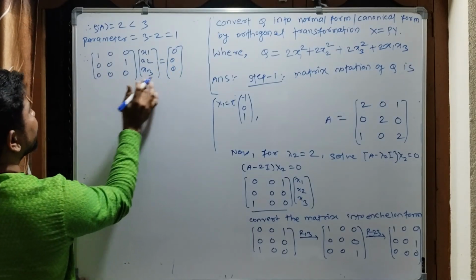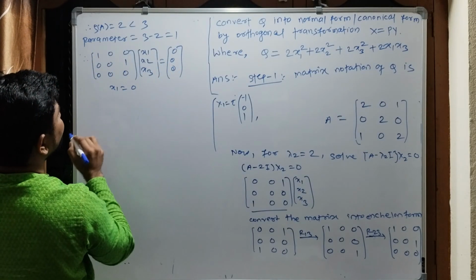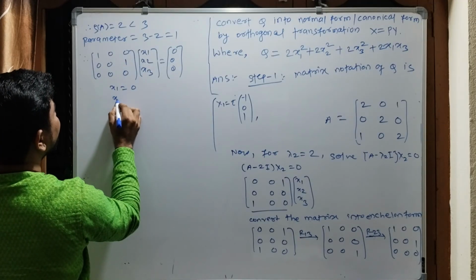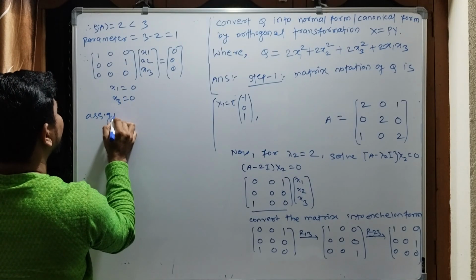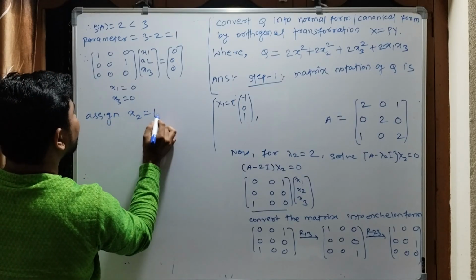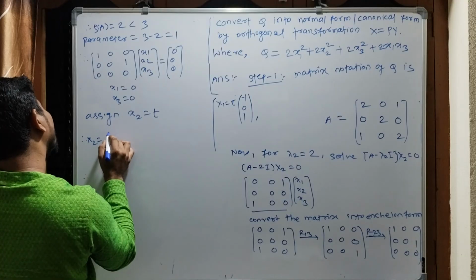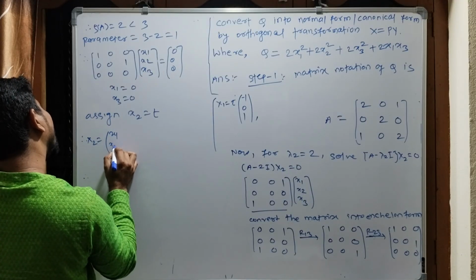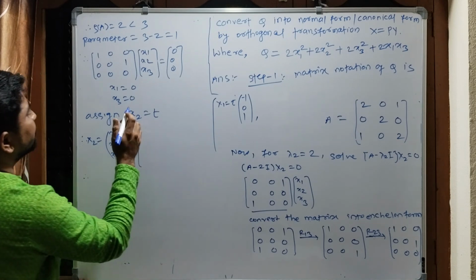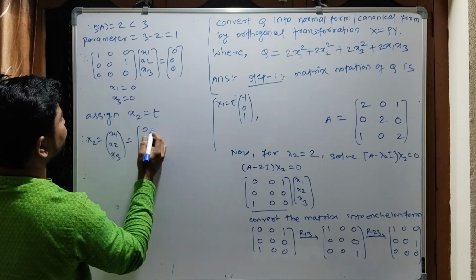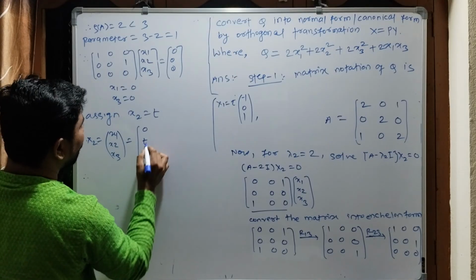Now use back substitution. Corresponding to row R1, x1 is equal to 0. Corresponding to this, x3 is equal to 0, and assign x2 as t. Therefore, the eigenvector x2 equal to x1, x2 and x3, which is equal to x1 is 0, x2 is t and x3 is again 0.